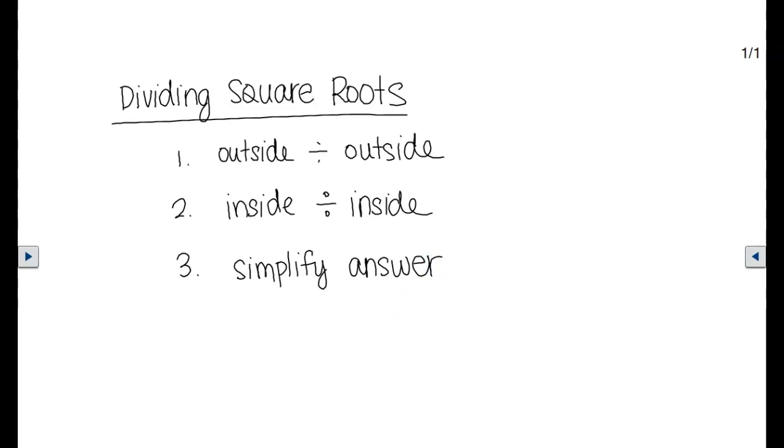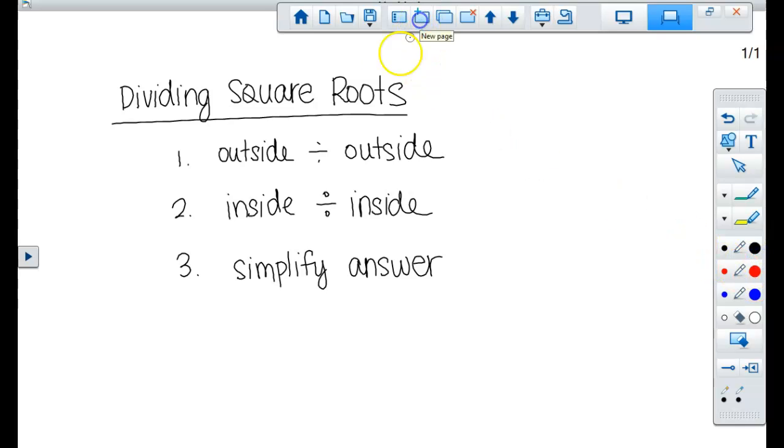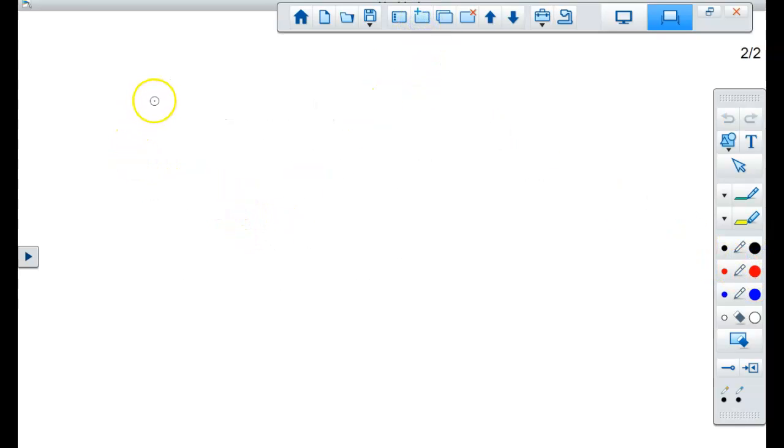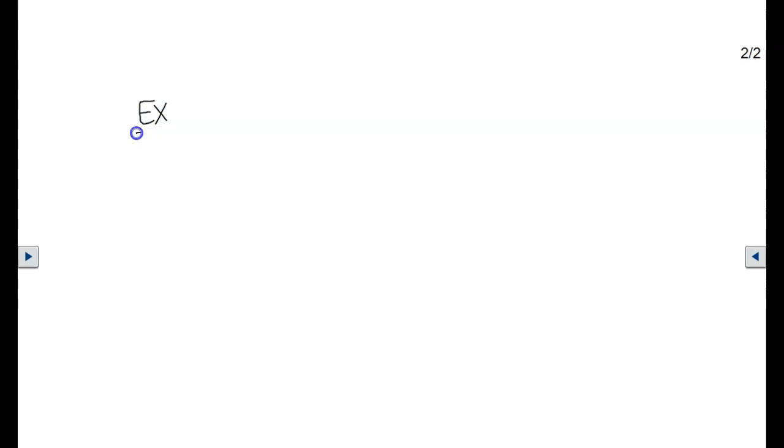So notice, that is a lot like what we did earlier with multiplying. You divide the outsides, you divide the insides, and then you simplify the answer. Notice that this does not require that we have like terms. All right, so let's do some examples here.